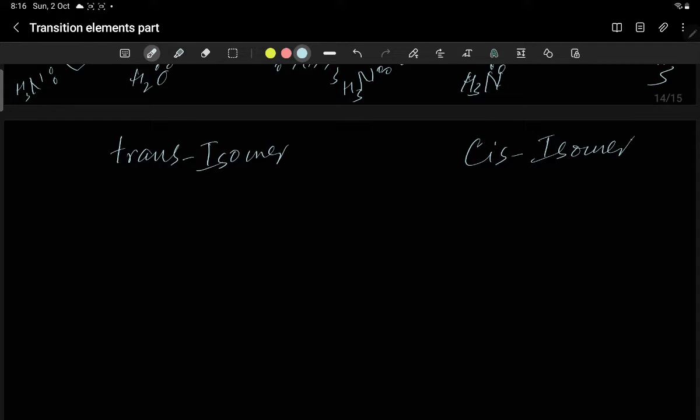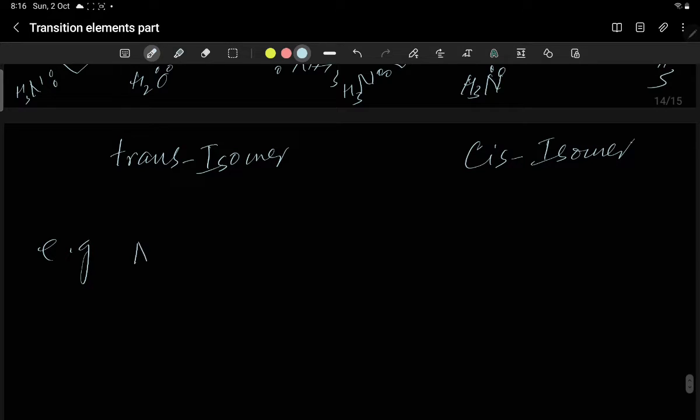So there is another example when bidentate forms in nickel En2 and Cl2.